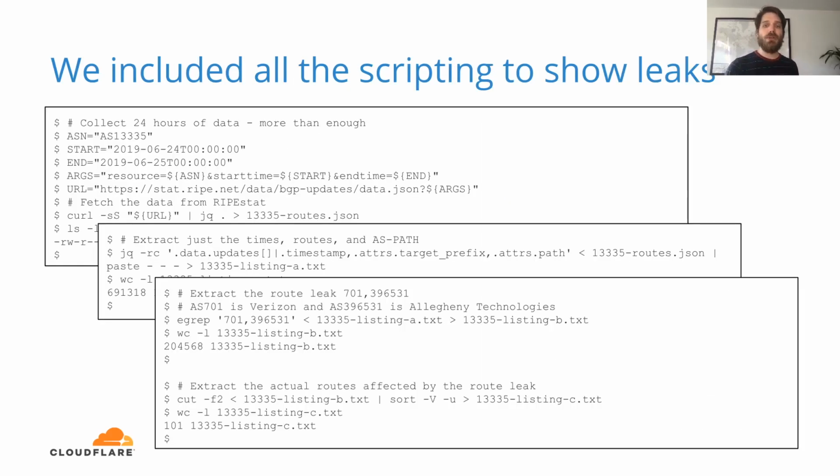To make that happen, he also included all the scripts used to show leaks, so you can, as an operator, use them to check for leaks for your own prefixes, but more importantly, you can also reproduce everything we've said in those blog posts. These scripts allow anyone to run an analysis of any route leak, but more importantly, of the route leak that happened in June.